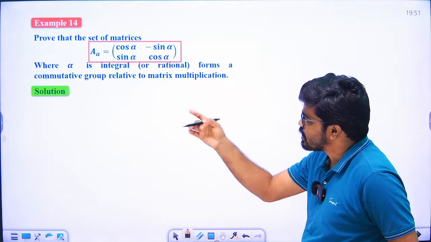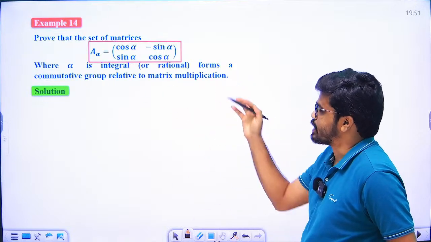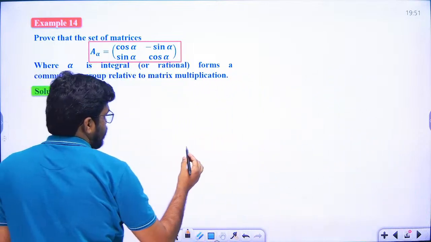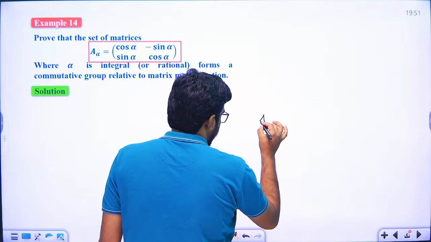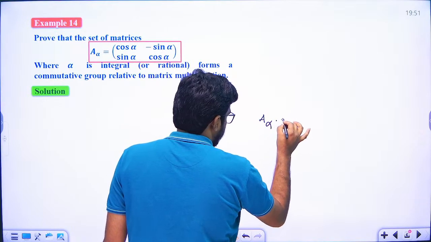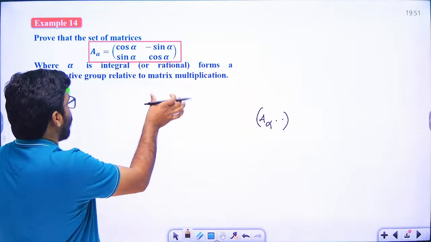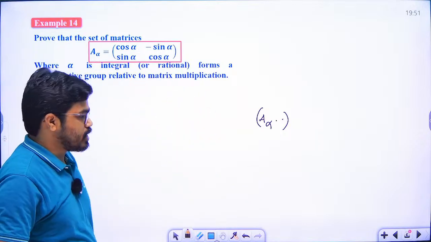It forms a commutative group relative to matrix multiplication. Basically we have to show that (A alpha, dot) is a commutative group.